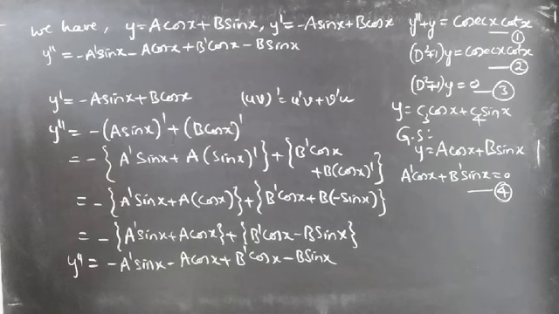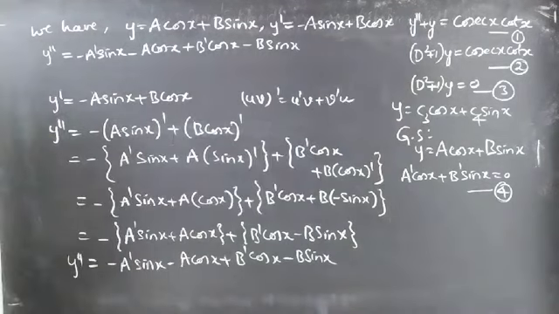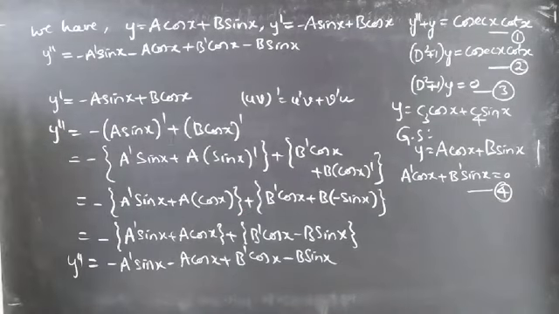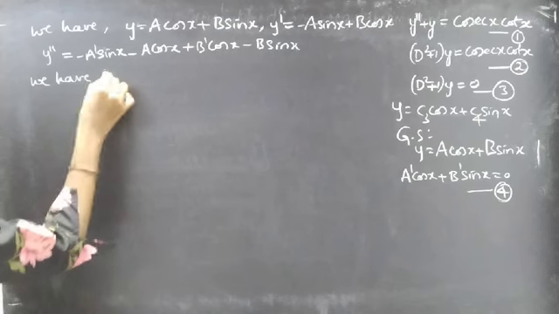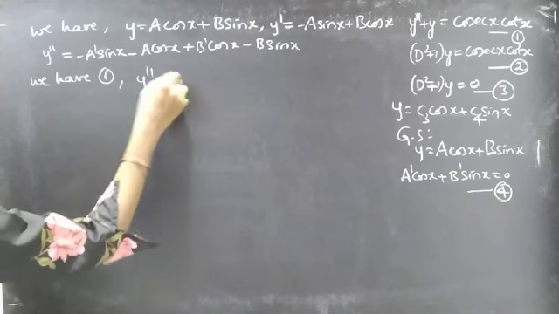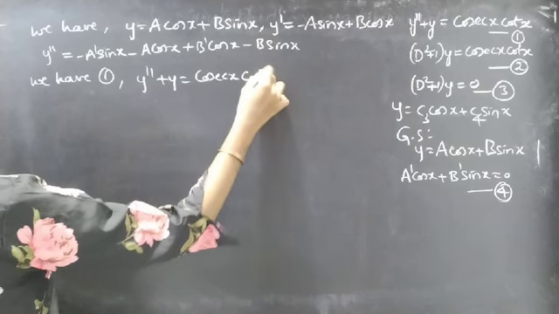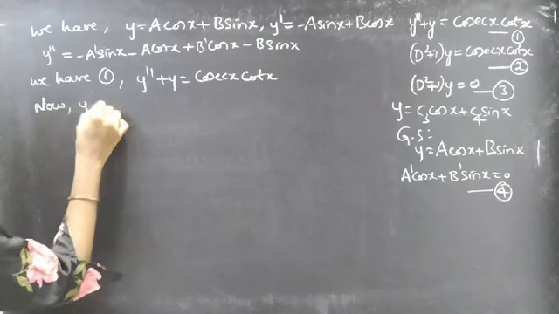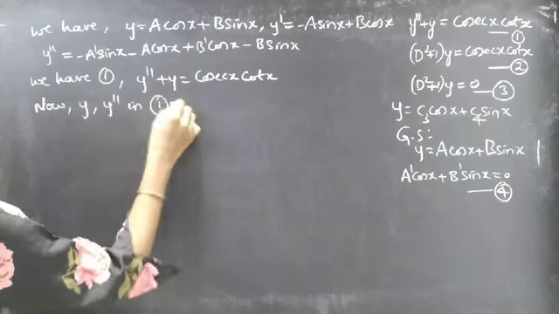Now what we are going to do is use equation 1 and substitute y double dash and y in this equation. We have equation 1, y double dash plus y equals cosecant x into cot x. Now substitute y double dash in equation 1.